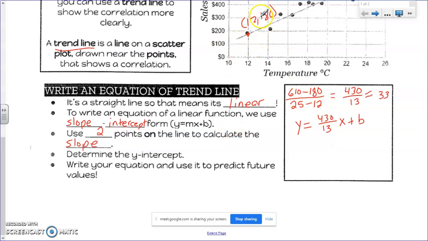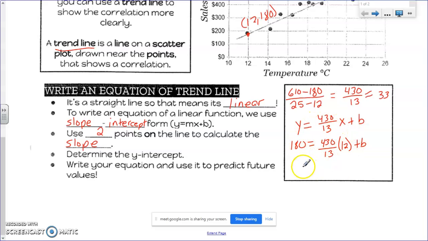No. So I need to take either point and plug it in for x and y. So I'm going to take the 180 and plug it in for y, and then 430 over 13 times 12 plus b. When I do all of that, I'm going to multiply and then subtract.